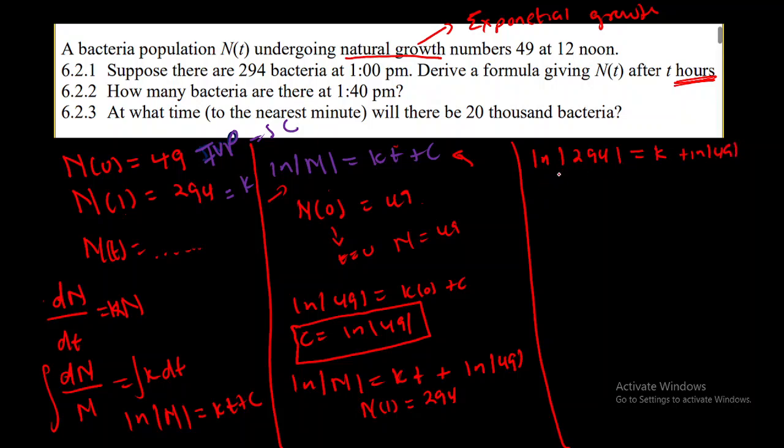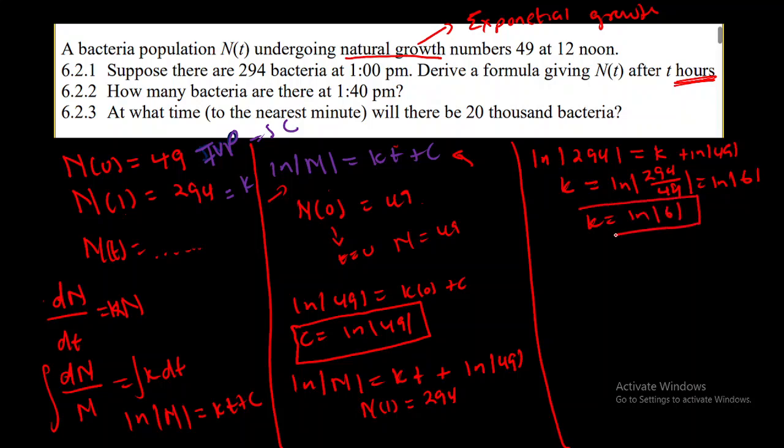If we simplify this, we're going to get k, which will be equal to ln of 294 over 49, which will be equal to ln of 6. So k is equal to ln of 6.